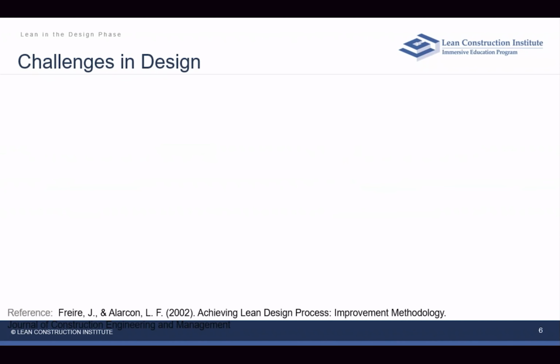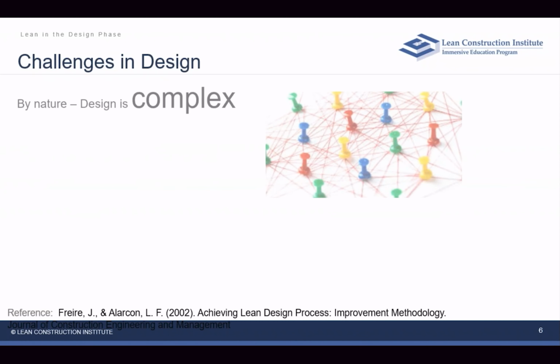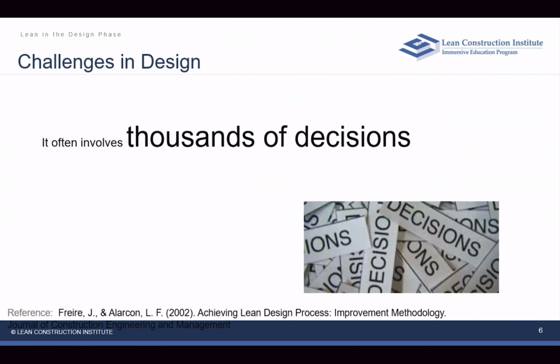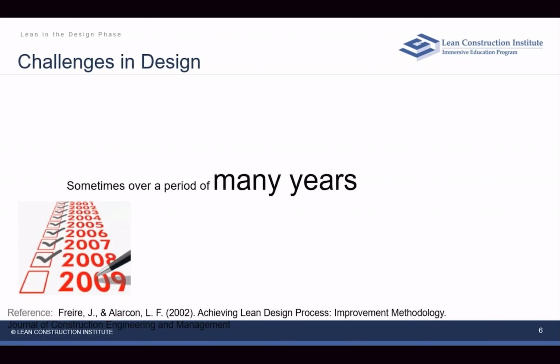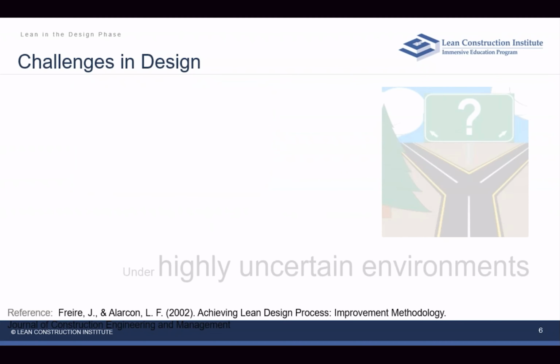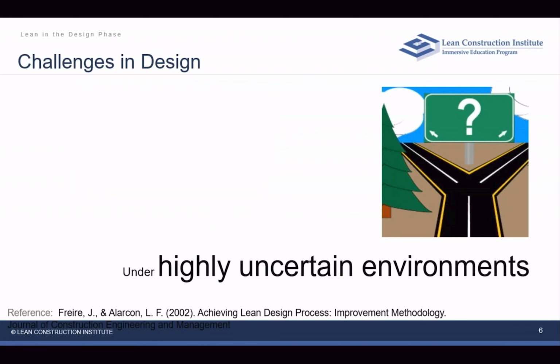So let's start talking about the unique challenges in design. By nature, design is complex. It often involves thousands of decisions, sometimes over a period of many years, with numerous interdependencies, under highly uncertain environments.